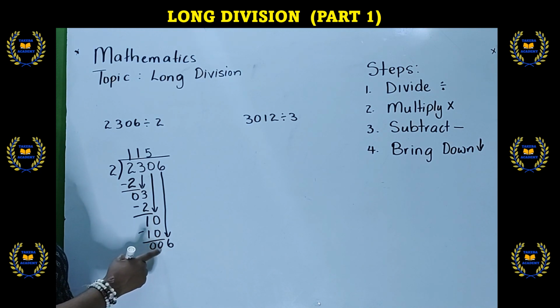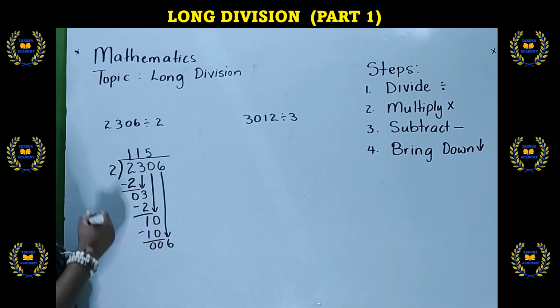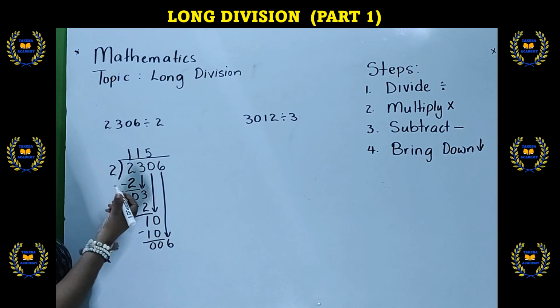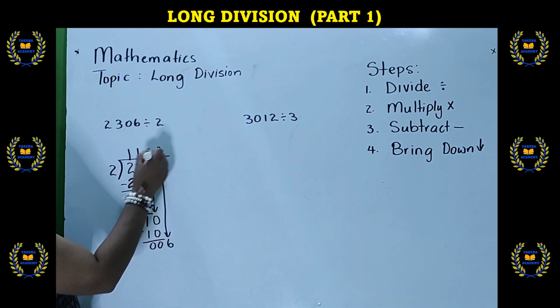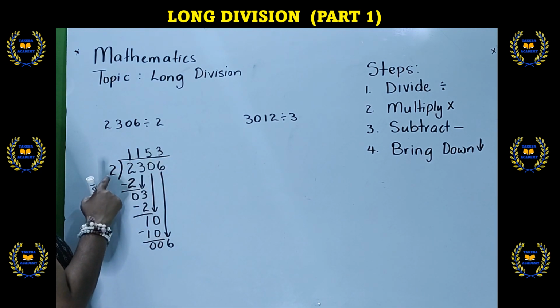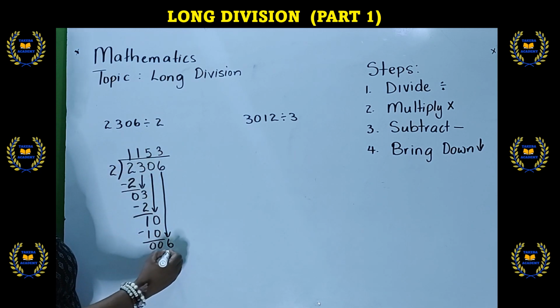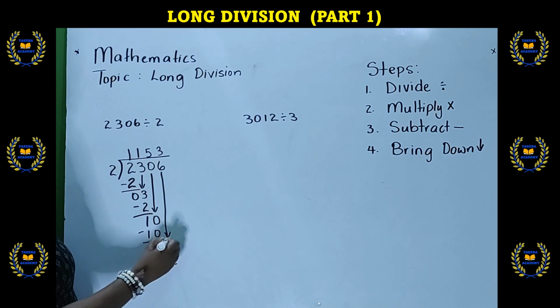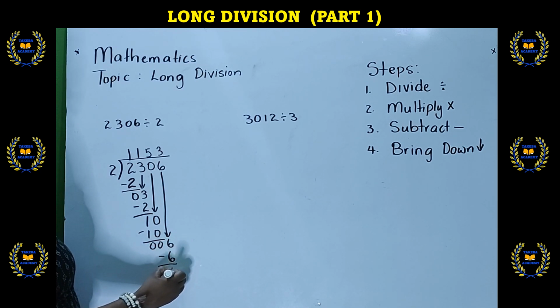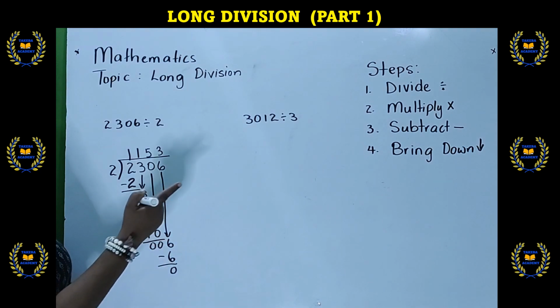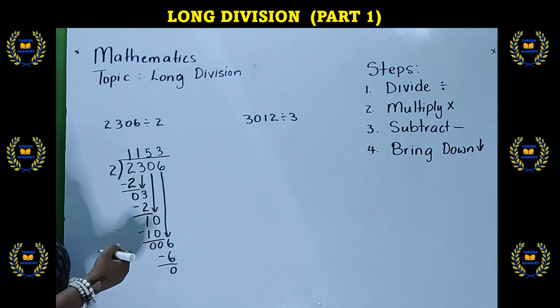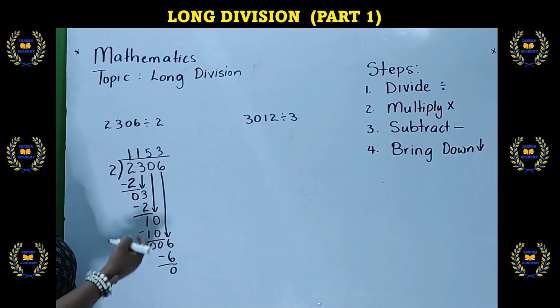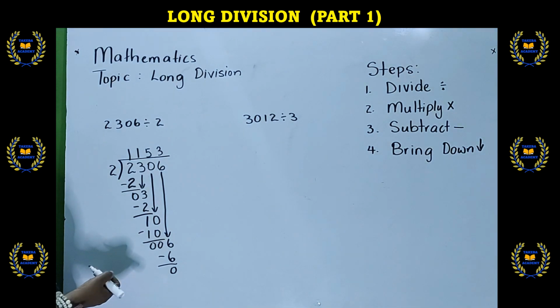And as I said before, the zeros are insignificant in front of this 6, so we're dividing 6 by 2. So 6 divided by 2, the answer is 3. Step 2 says multiply. 2 times 3 is 6. Step 3, we subtract. 6 take away 6 is 0. Okay? The next step says to bring down. There are no more numbers to bring down, so our question is finished.